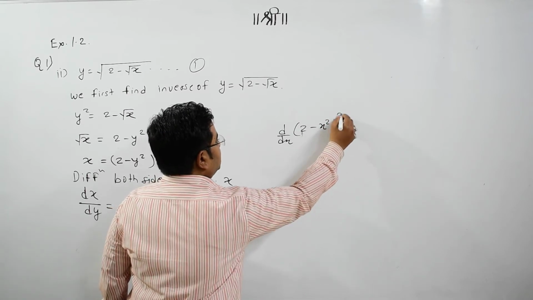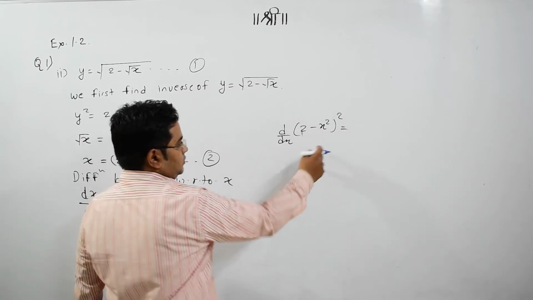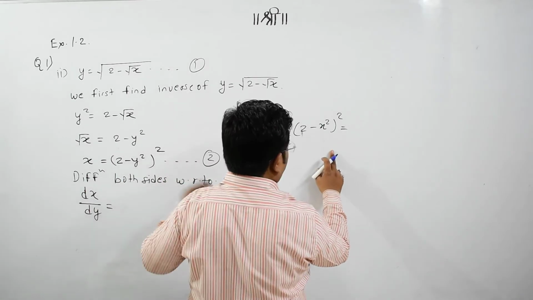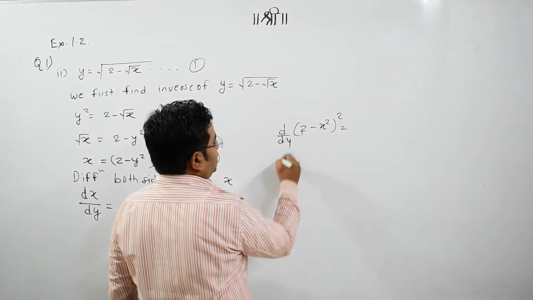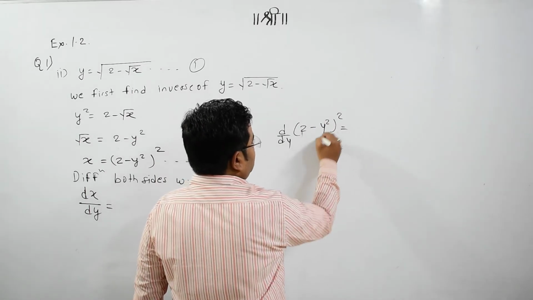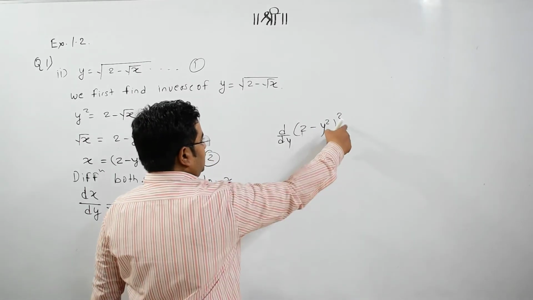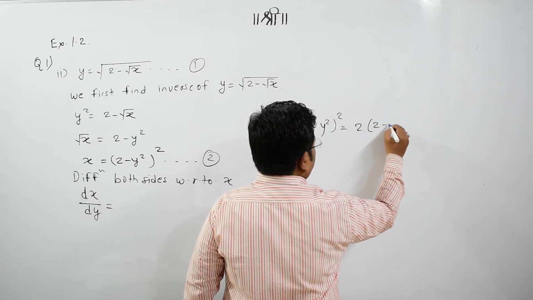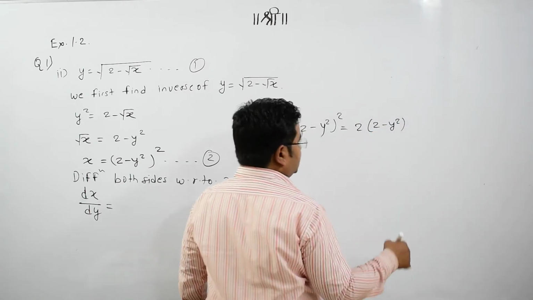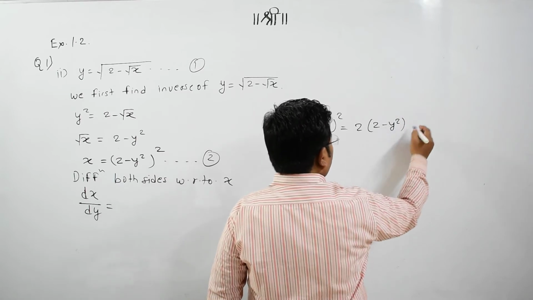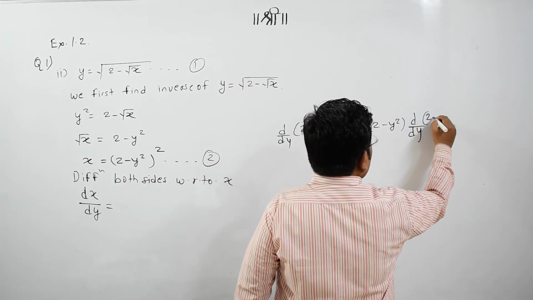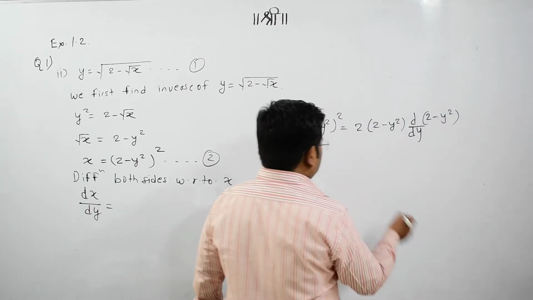So if you differentiate with respect to x for this value, it is quite similar to that also. We just need to put that y over here. This is the f of x square, so it will be 2 into whatever our f of x is. So 2 minus y square remains as it is, so 2 minus 1 will be 1, and again differentiation of 2 minus y square is quite easy.